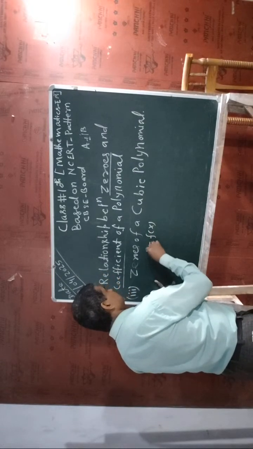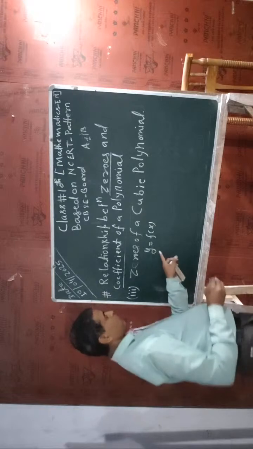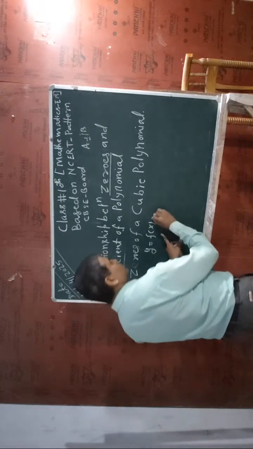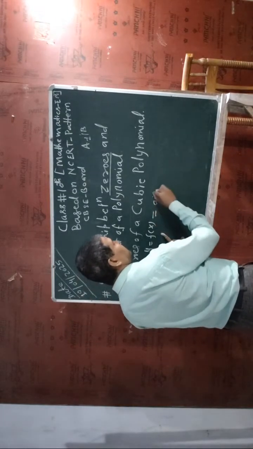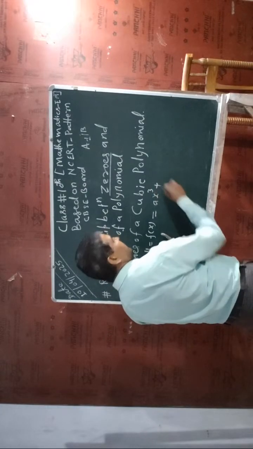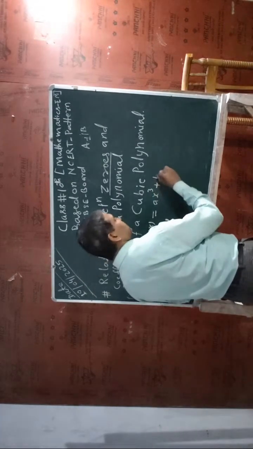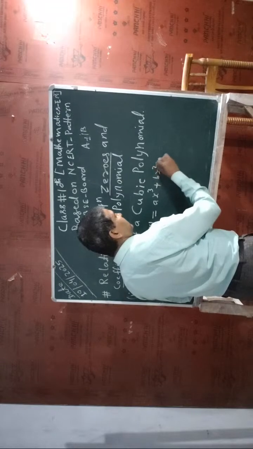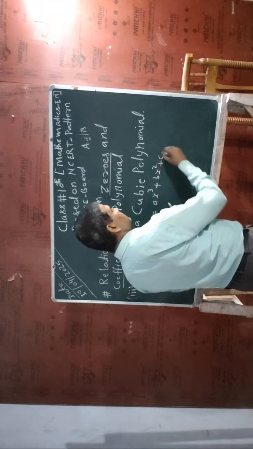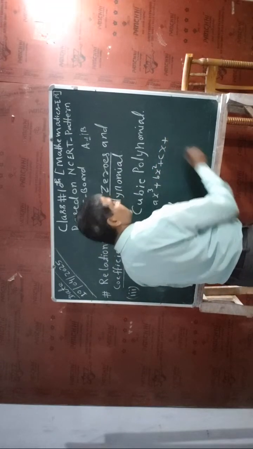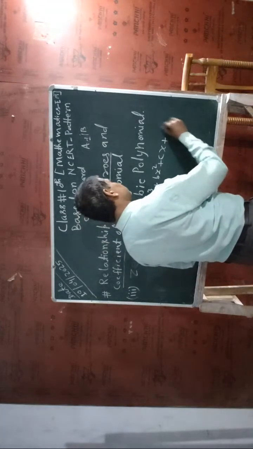Now on the left hand side I am writing y is equal to f of x, which is equal to a into x cube, and then I will write another constant b into x square plus c into x plus a constant d.